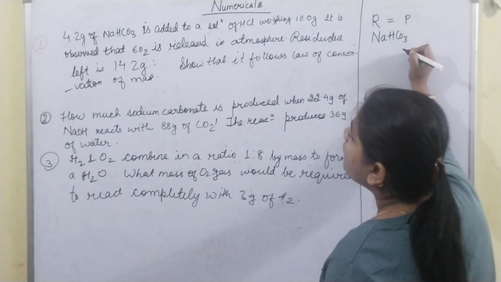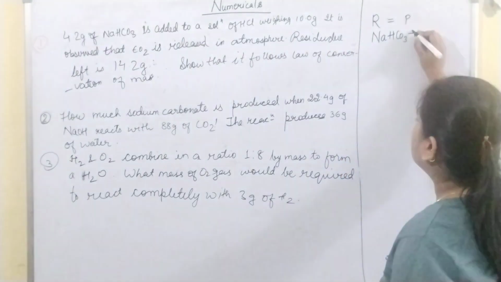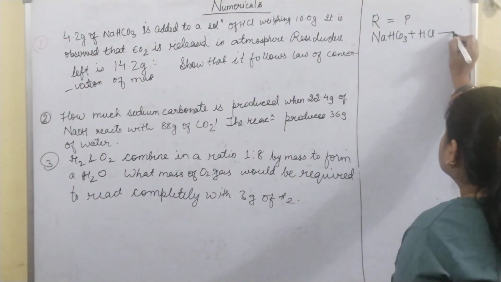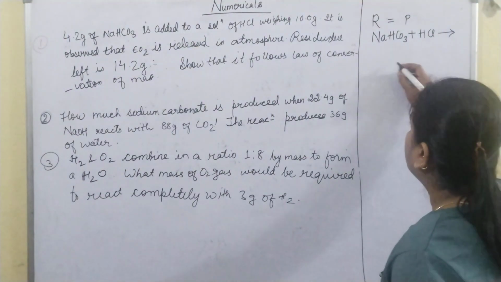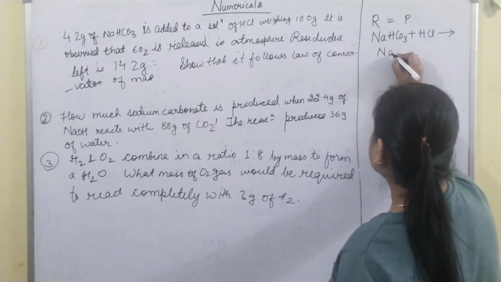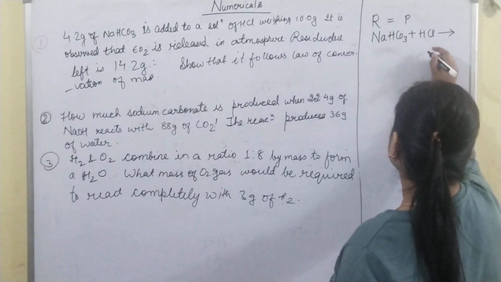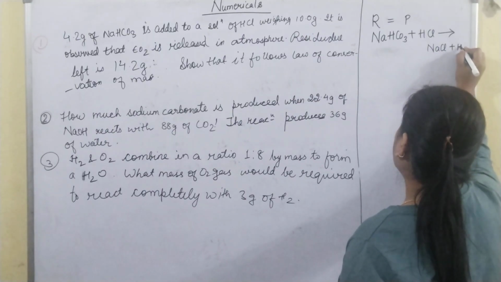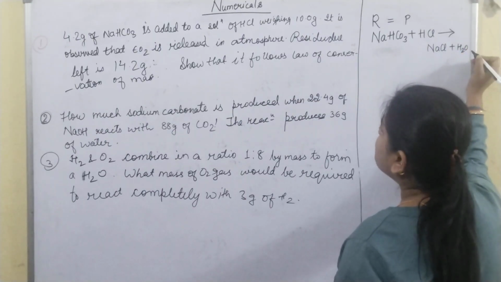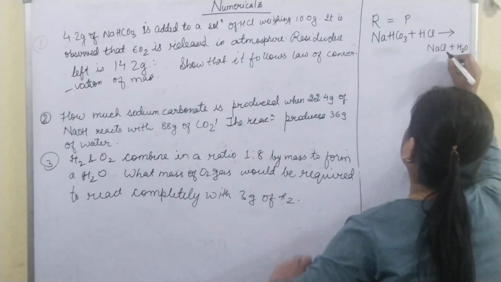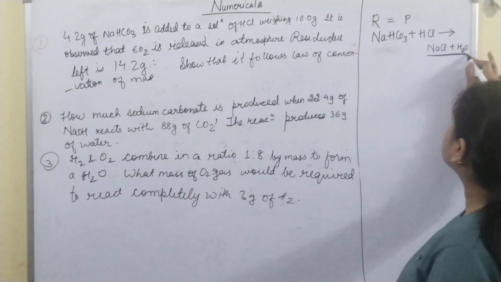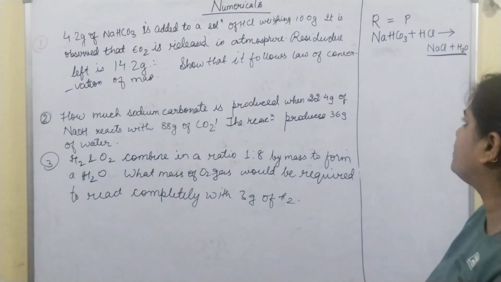When it is added to hydrochloric acid, HCl, it gives NaCl plus H2O. And what is being evolved? CO2 is being released, and the residue formed is NaCl and H2O.